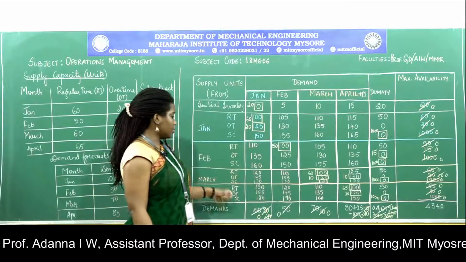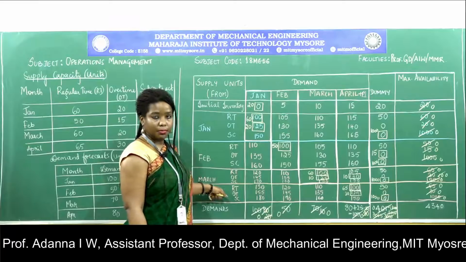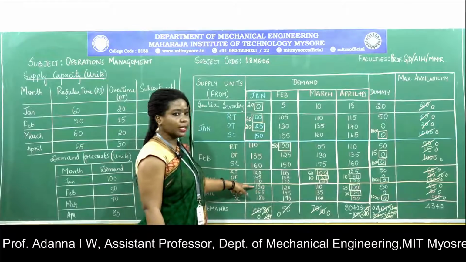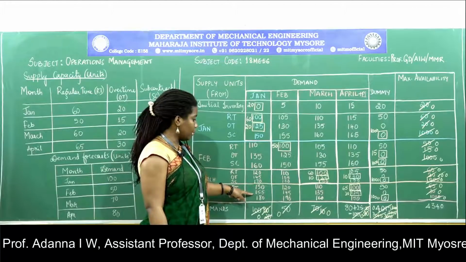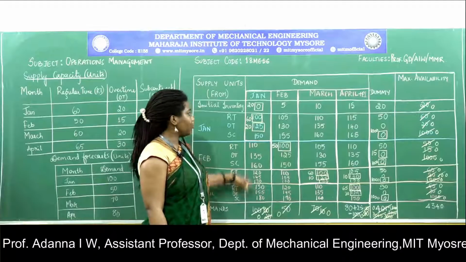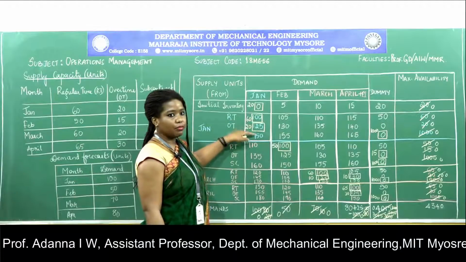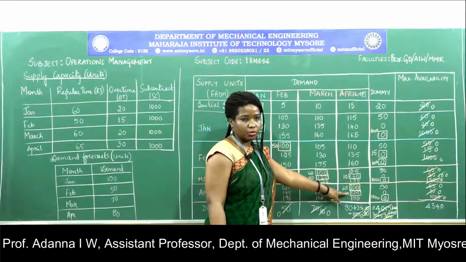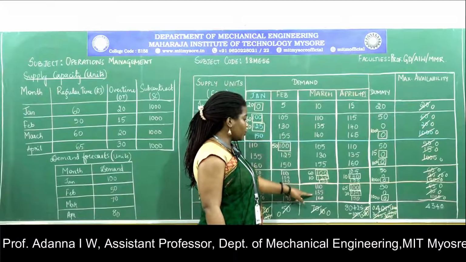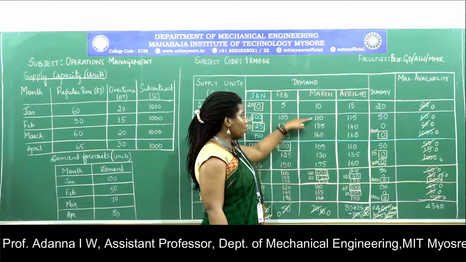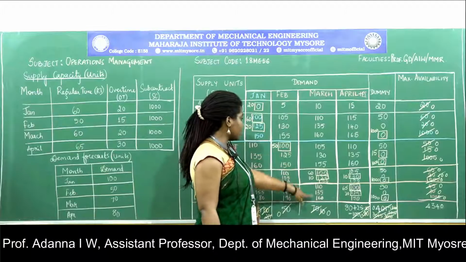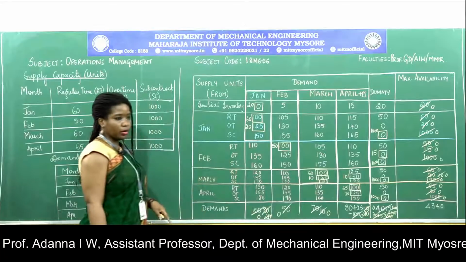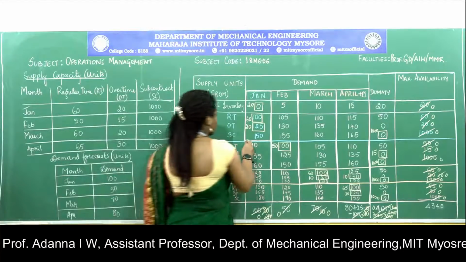If an order placed in the month of January is not delivered till the month of April, then I am going to spend 130, 155, 180 instead of 100, 125, 150. If an order placed in the month of March is not delivered till the month of April, I will spend 110, 135, 160 as against 100, 125, 150. So this is when there is back ordering. So when there is back ordering, this is what the table will look like.